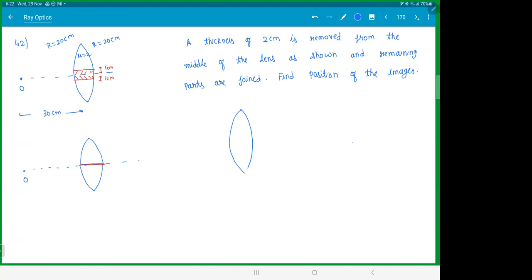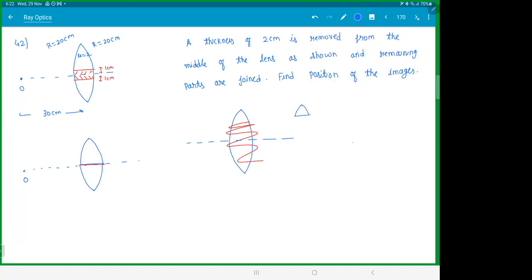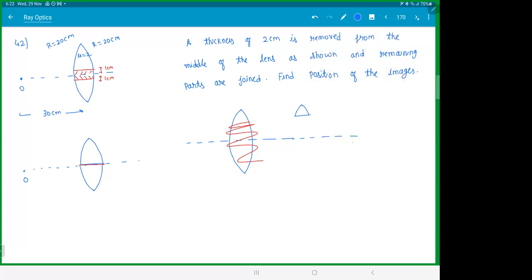Suppose if I have a lens like this, if I break all this lens, मतलब सिर्फ इतना part है, what remains same? The principal axis. You're getting it? The principal axis will be at the same place. This small part of the lens will behave as if it is a full lens with the principal axis at this place. Is that making sense?